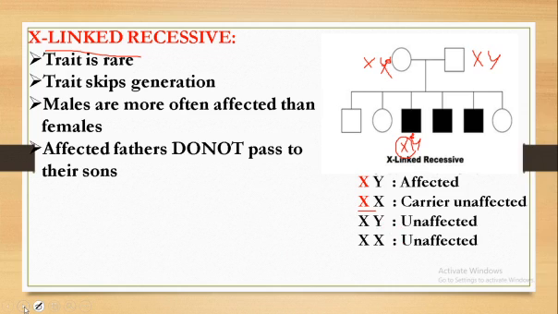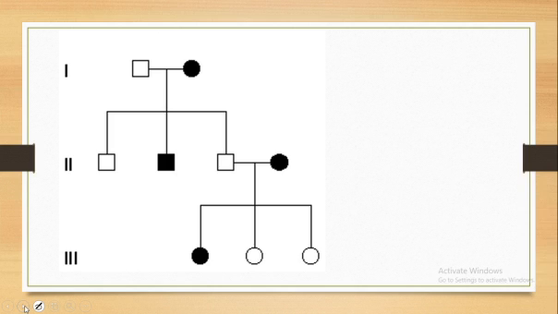Now we will discuss some problems related to pedigrees. We will just discuss two problems as to how to find out. Now here we can see a pedigree is given, where there is the first generation, second generation and third generation, 3 generations.